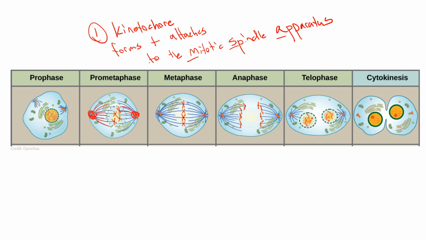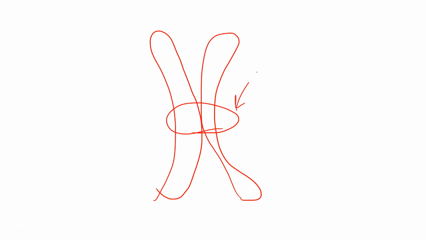Okay, then those spindles, those long tubes, they attach to this tiny little area on the chromosome, which is known as a kinetochore. And just to illustrate where this is found, here's a chromosome. This region here where the two sister chromatids are attached is known as the centromere. Not to be confused with the centrosome, which is very confusing. So don't be beguiled.